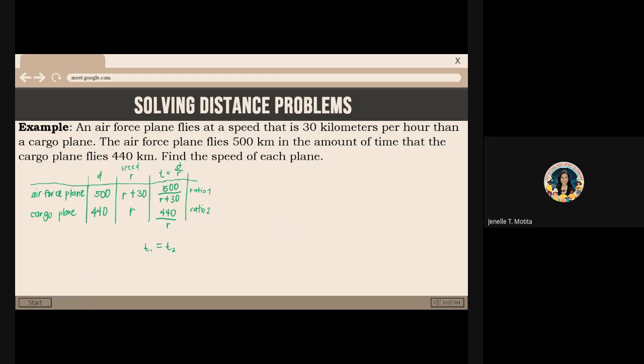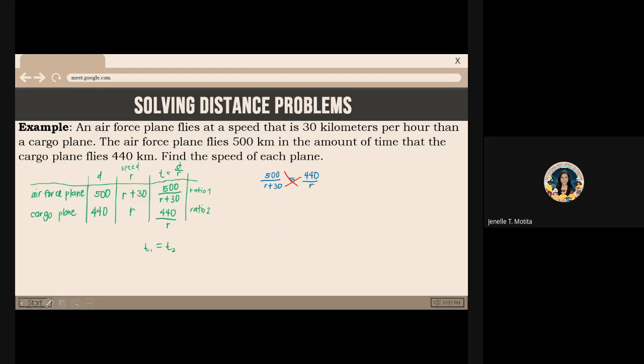So let's now proceed with writing the equation. We have 500 over R plus 30, this is your ratio for time, is equal to 440 over R. So this is our equation already. Since the time for the Air Force plane is equal to the time of the cargo plane, we could write it as a proportion. We could now do cross multiplication.